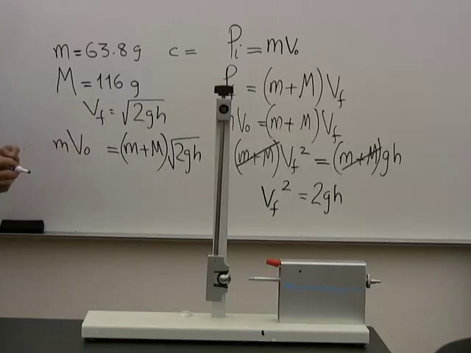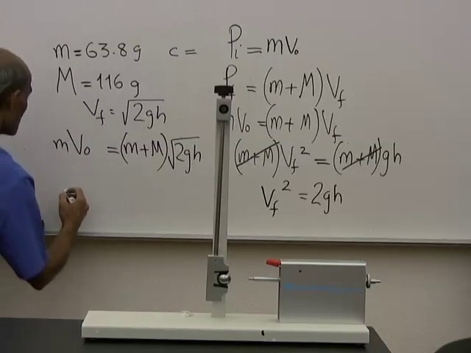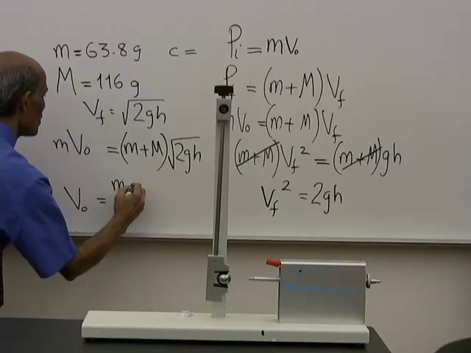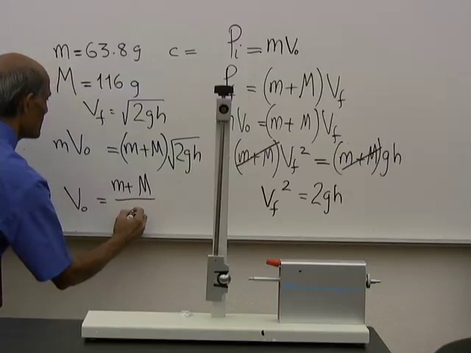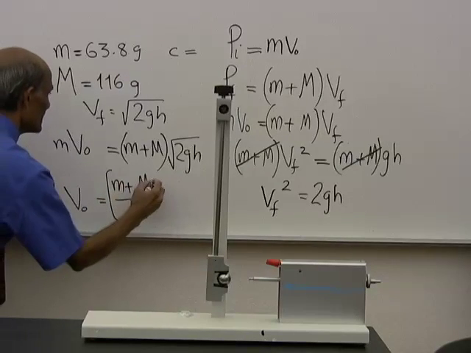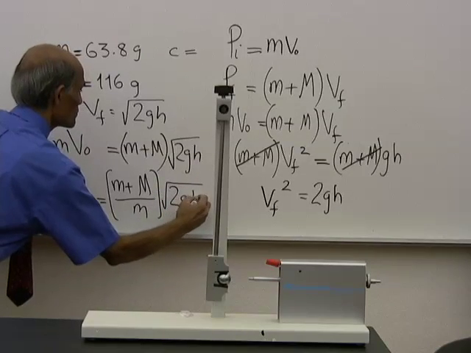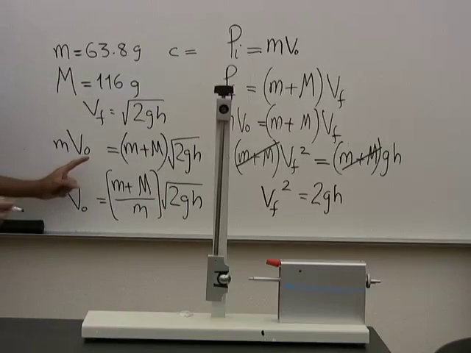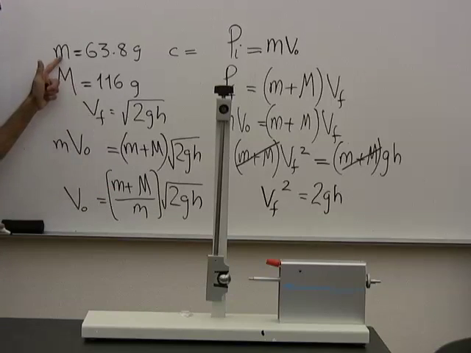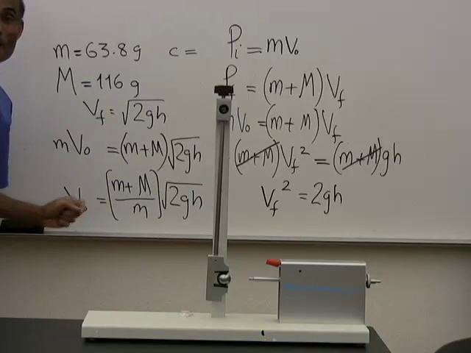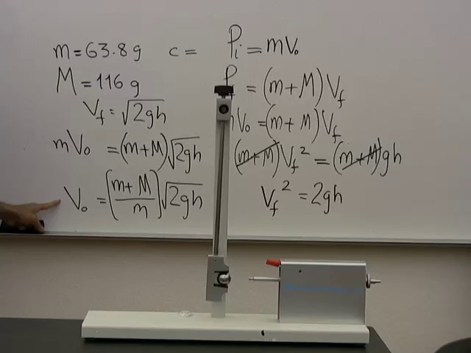Can you solve for V0 from here? What is V0 equal to? V0 equal to small m plus big M over small m, that quantity times square root of 2gh. Now, you know the values of small m and big M. We will measure the value of h, and that way you can calculate v0, the velocity of projection.